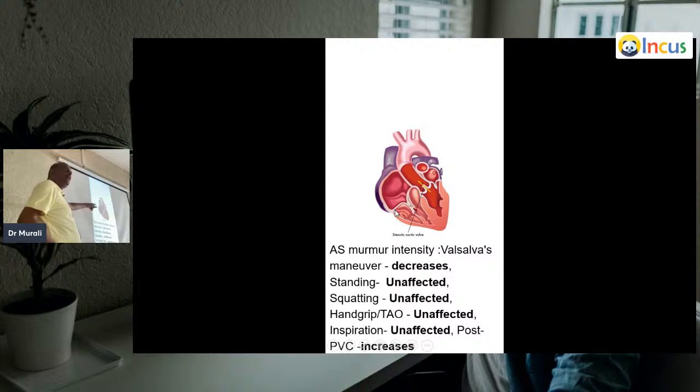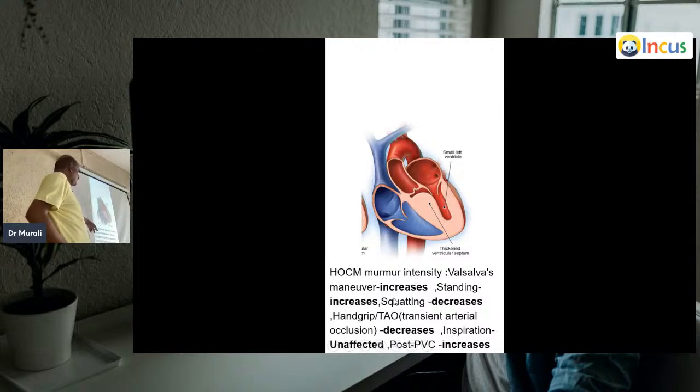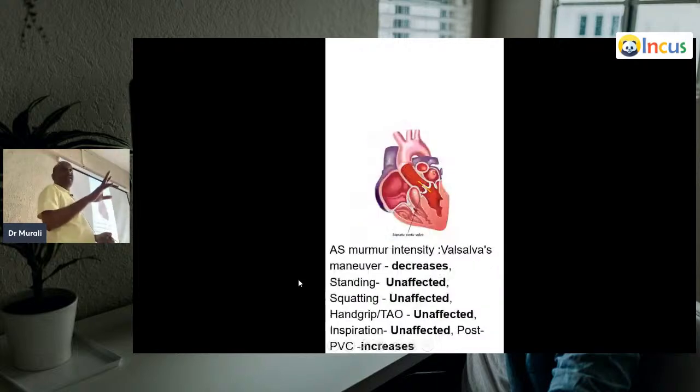A valvular level aortic stenosis is causing decreased murmur with Valsalva, whereas subvalvular level obstruction in the LVOT, outflow tract, what is it doing? Subvalvular level obstruction is increasing the systolic murmur. That is the main difference which you need to appreciate. Now, standing, squatting don't have much effect on aortic stenosis murmur.